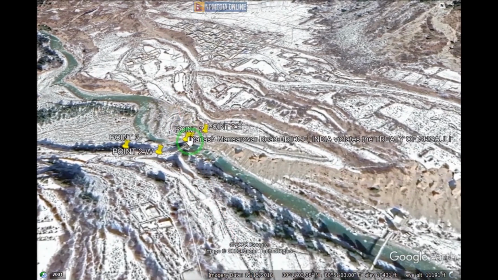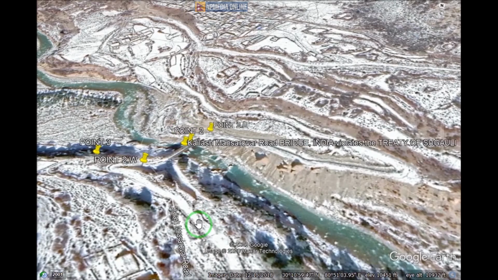Second, point 2. Bridge crossing Kali River from Indian territory to Nepali territory at Gunji.